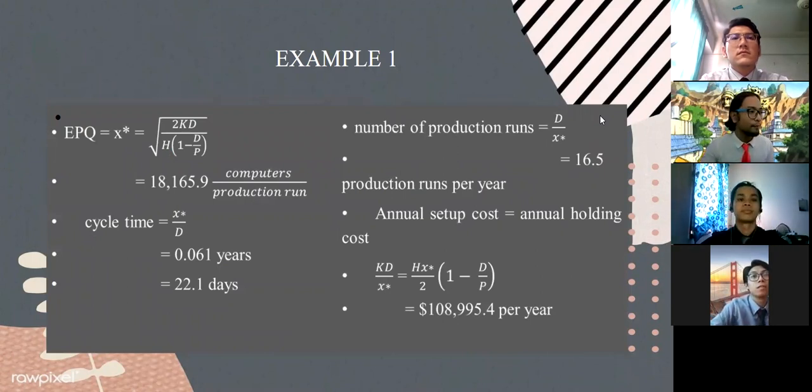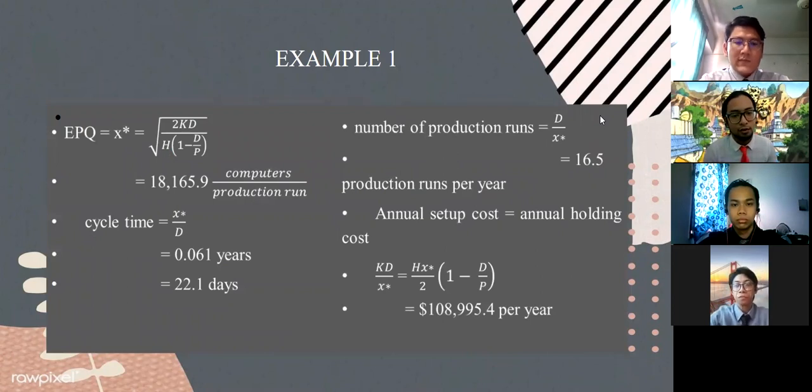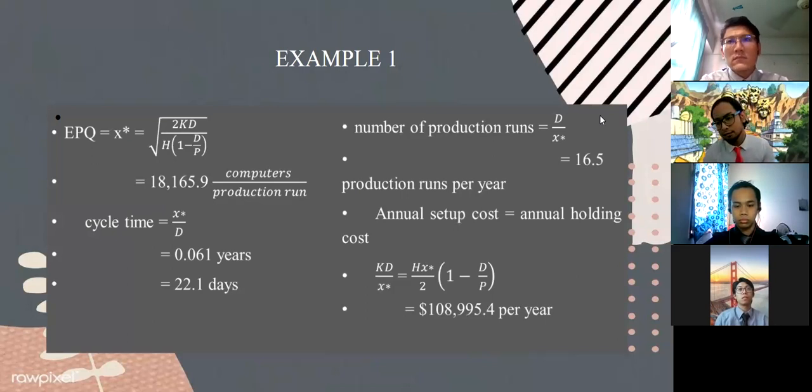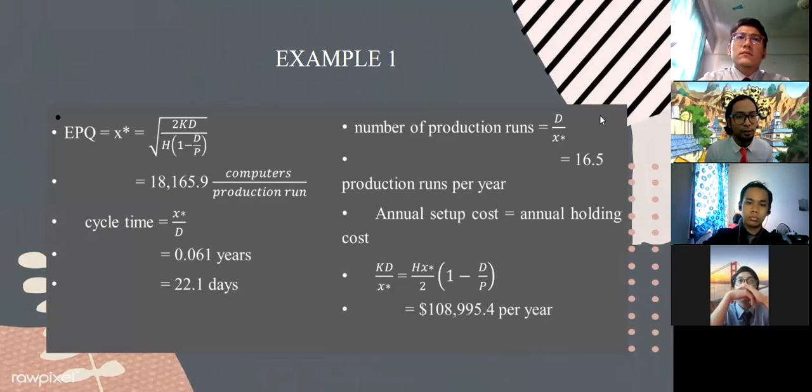D is the computers per year, and we got about 22.1 per day. So the number of production runs is D divided by the EPQ, which is equal to 16.5 production runs per year. The annual setup cost is equal to the annual holding cost. So we put inside all the information and we got 108,995.4 dollars per year. The next example will be explained by Kushairi.